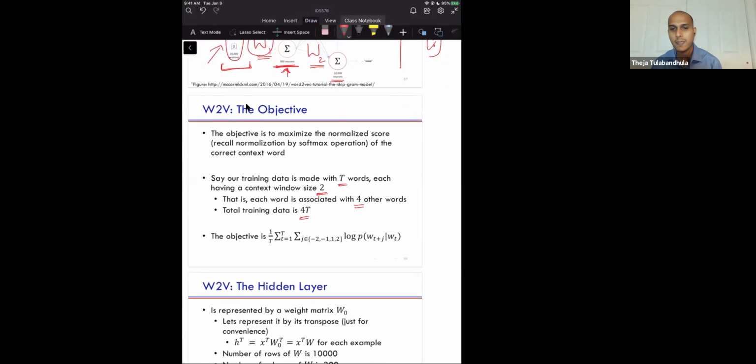When I said training data is made of t words, I'm not talking about the vocabulary size. You just concatenate all the sequences of words that you have, take all the t locations, and look at 2 left, 2 right, and so on.